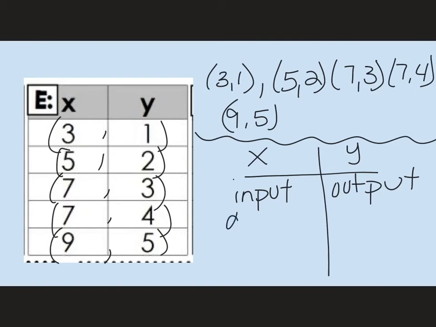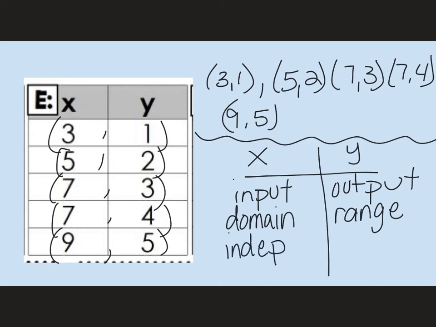The X can also be called, I'll give you this one, domain. Domain is the X, while the Y is range. While the X is input and domain, it can also be the independent variable. I'm going to abbreviate independent.